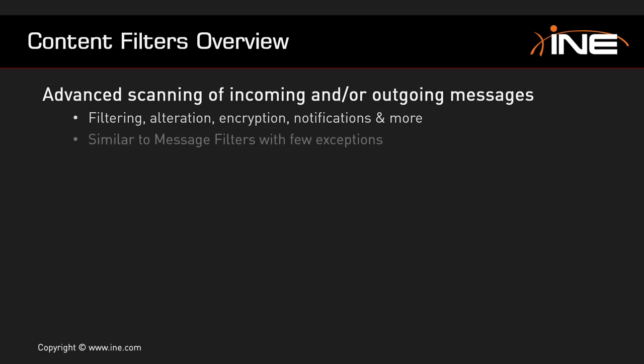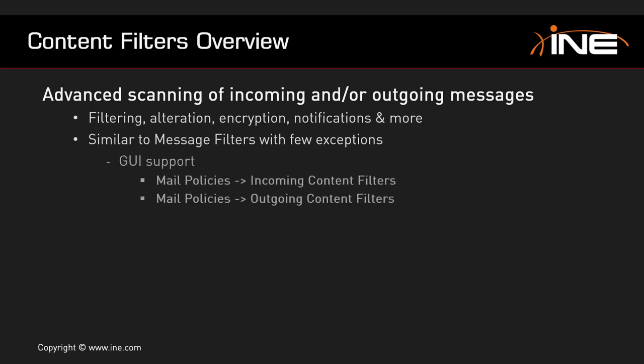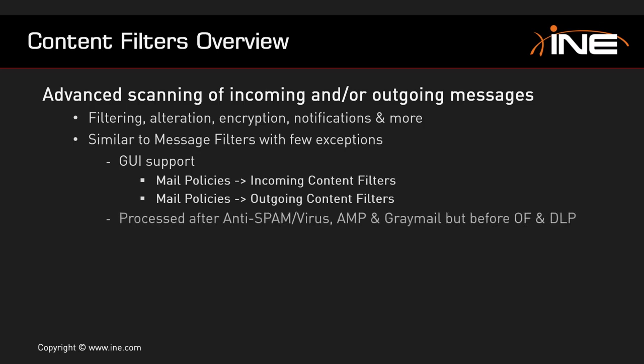Now, the feature is going to be very similar to message filters. Message filters is actually the same type of functionality offered by the ESA. The difference between the two is that content filters are available through the GUI. It will be very easy to configure and use this engine, where the other difference is when those two features are processed.